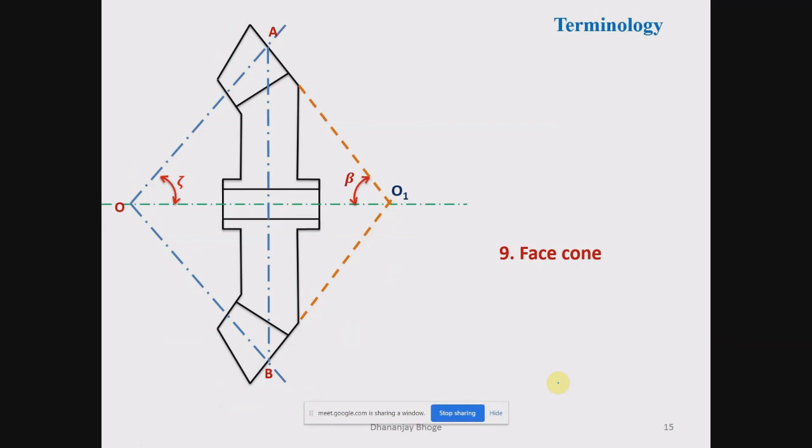Now face cone. The face cone फक्त बघायचा आहे. Then you will draw it. Pitch cone आपण draw केलेला आहे. Now we will draw the face cone. This is face cone.